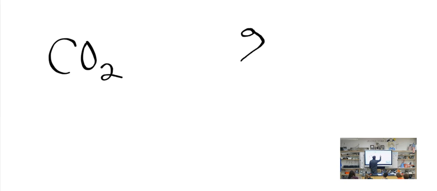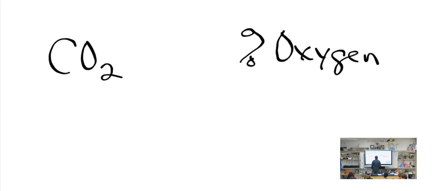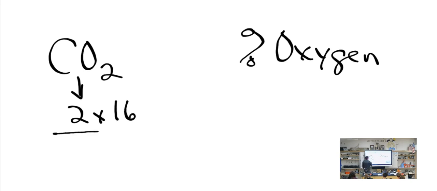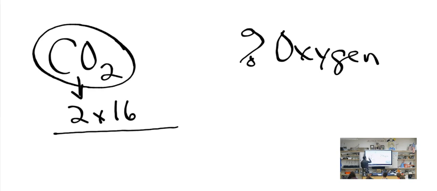In the shortest nutshell of all time, if we have CO2, to find the percent of oxygen, you take the number of atoms, 2, times the mass of oxygen, which is 16, and you divide it by the total mass of this substance. CO2 ends up to be 44.